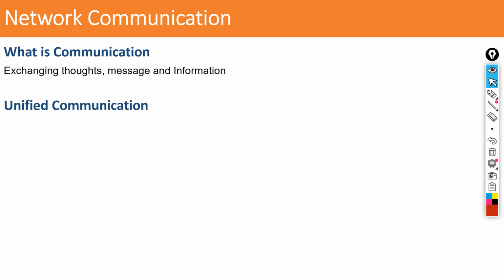In order to bring all these three types together, there is a scheme called unified communication. Unified means bringing together, combining, so we call it unified communication. In that you have voice, video, and data. The best example: you are aware of Skype for Business, right? At least Skype you are aware of.